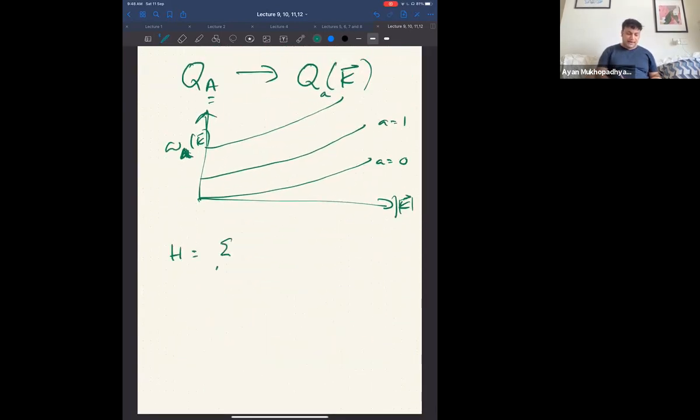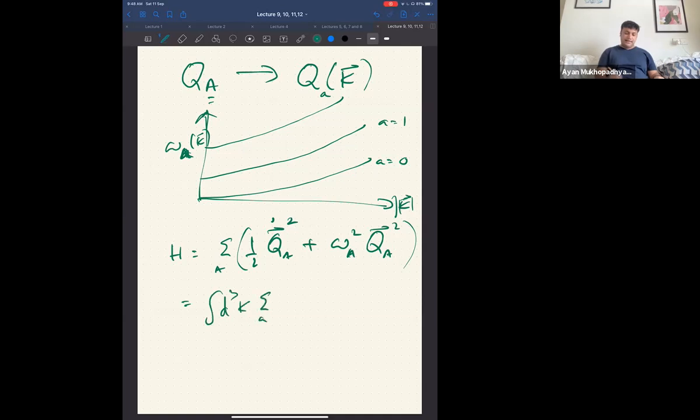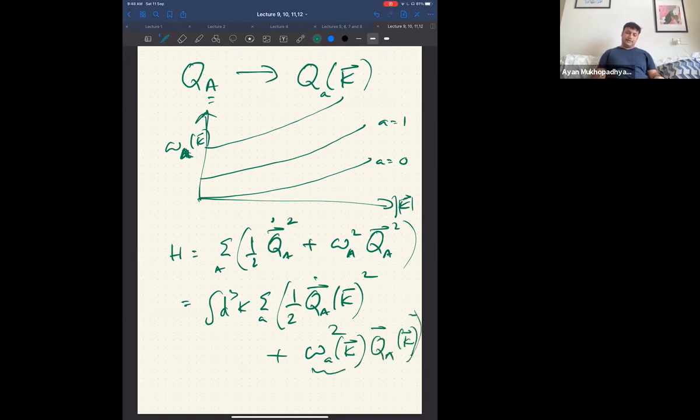H is equal to the sum over A of half QA dot squared plus omega_A squared QA squared, and this I can rewrite as the integral d cubed K and sum over A of half QA dot K squared plus omega_A(K) squared, which is the dispersion relation of the mode, times QA K squared, right?